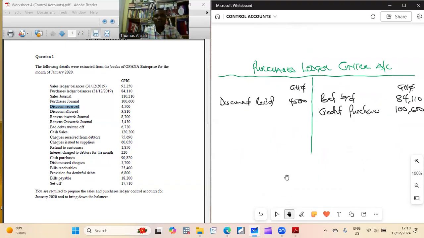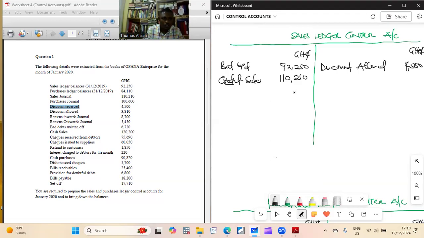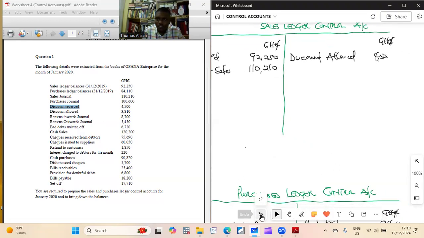What about the discount allowed? It's something you rather give to your customers. So sales here supposed to reduce this one, discount allowed. So that is like 3,810.